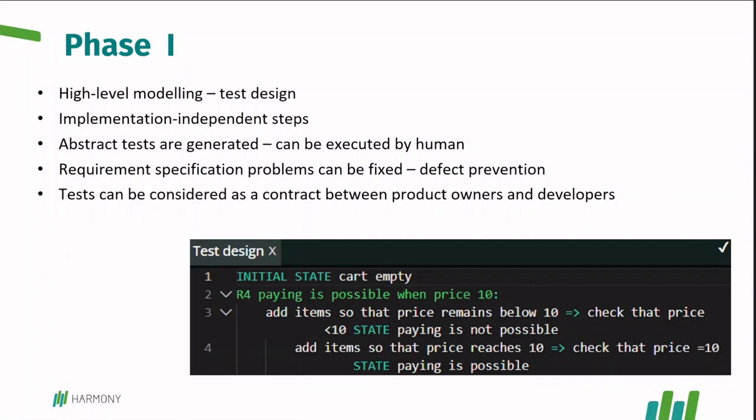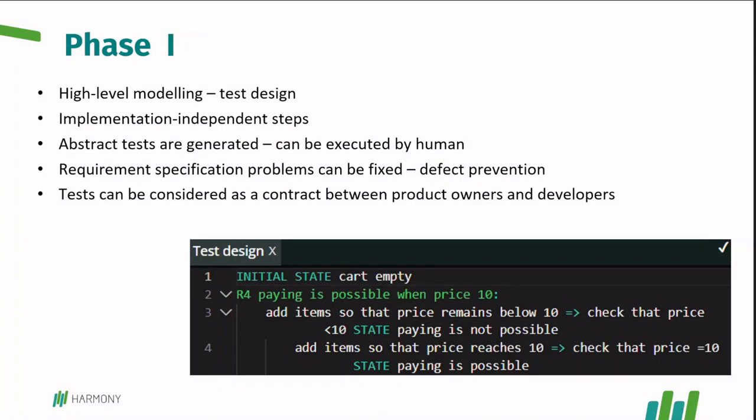An advantage is that the requirement specification problems can be observed and fixed when you are doing the model, and this is a very good defect prevention tool. Actually, it's much better if you make a model than if you are reading the specification several times.